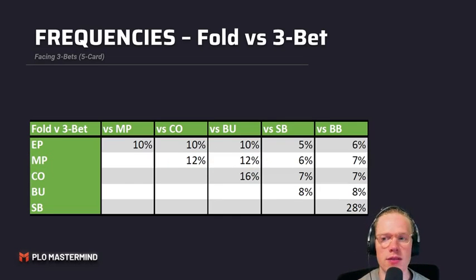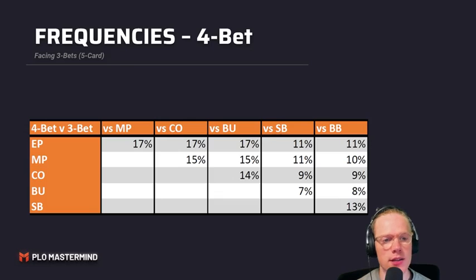But moving on from that, we'll look at our 4-bet frequencies, and again, you can see that they are relatively high still in 5-card Omaha. And the pattern is consistent regarding responding to MP, cutoff, button as the EP player, again because the range is very similar from the 3-bettor.